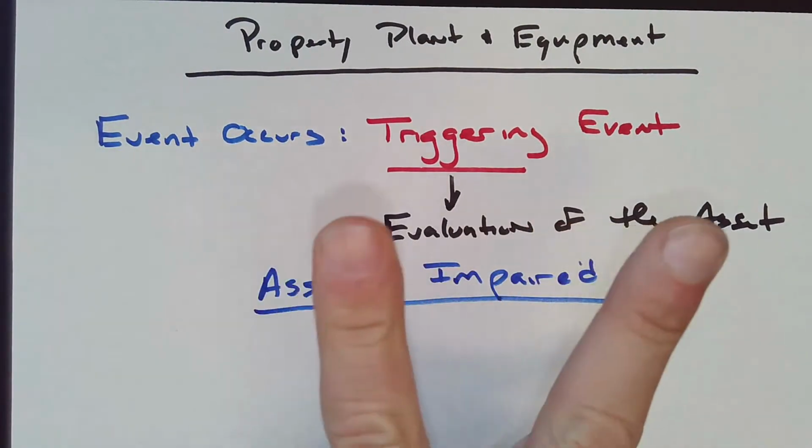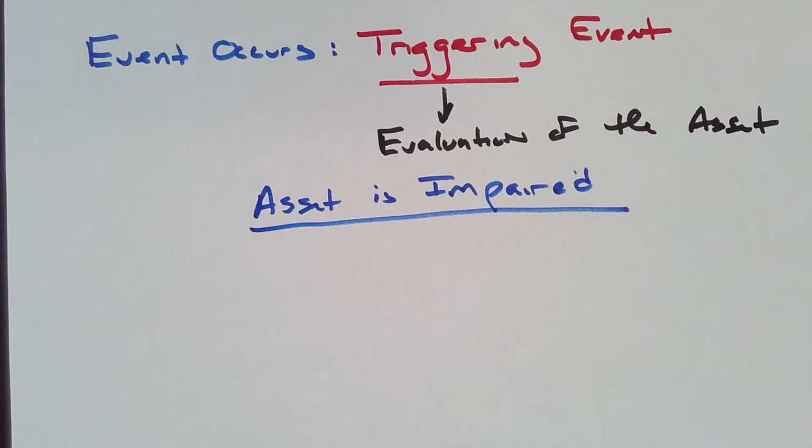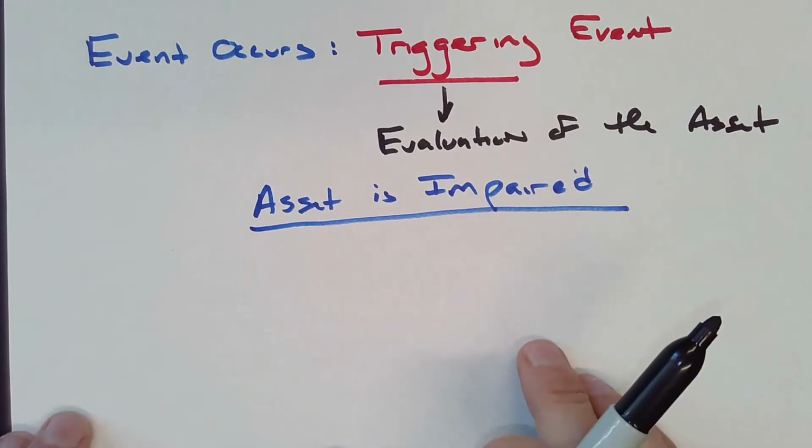So there's two steps you've got to do. And we're not going to get into all of the fair value calculations for this, but we'll at least describe the two steps that you have to perform.